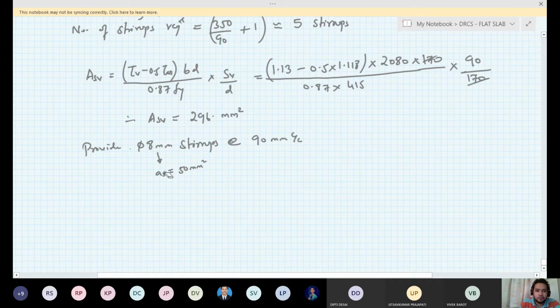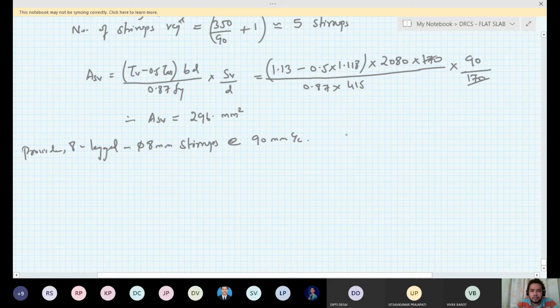So 8-legged 8 mm diameter stirrups at 90 mm center to center. Okay.